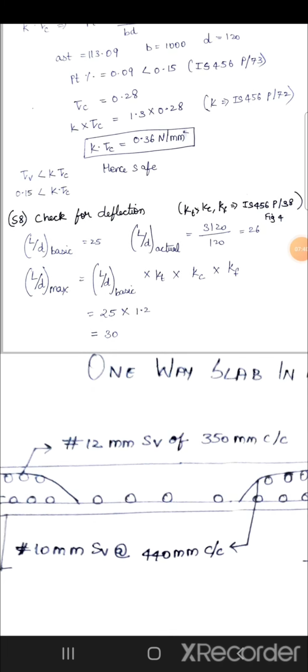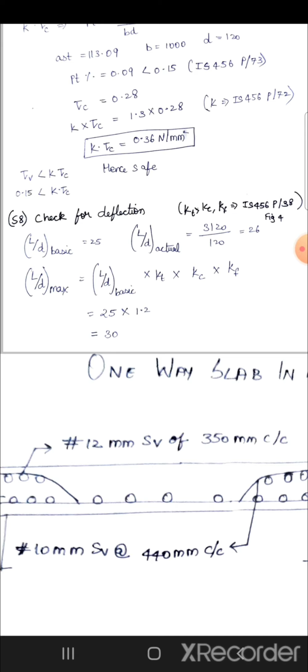Next step is check for deflection. Here L by D basic for slab is 25. L by D actual is effective span by effective depth. Whatever we have calculated, and the answer is 26. L by D formula is L by D basic into KT into KC into KF.